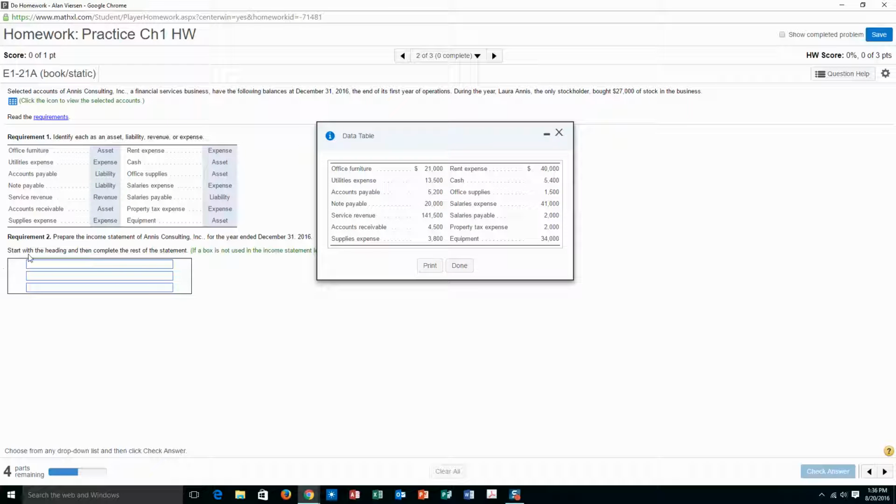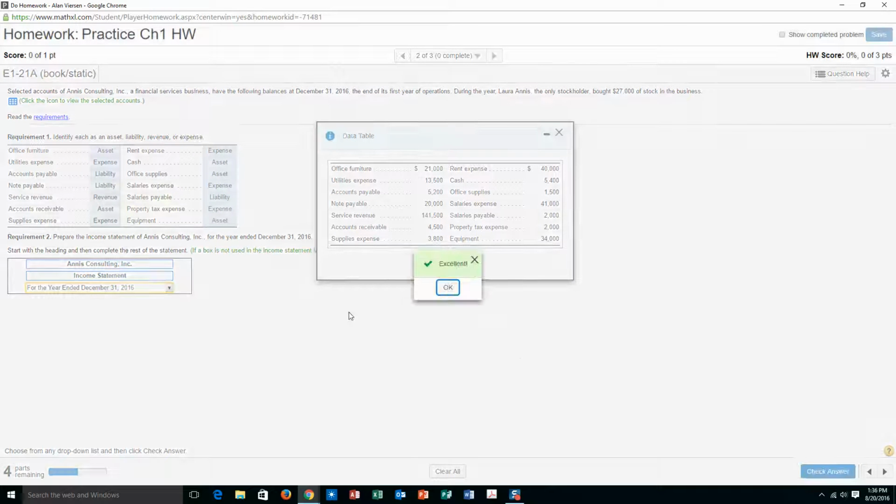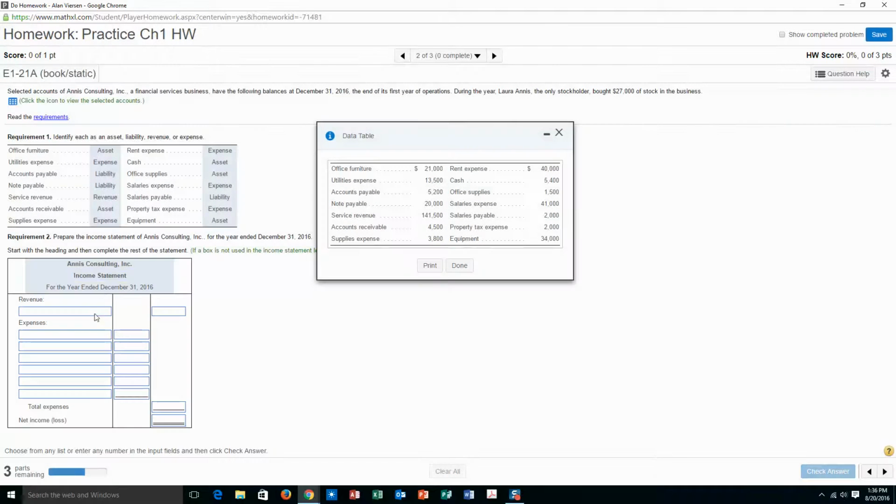Now, second, it says that we're going to create an income statement. And an income statement starts with the name of the company. So this is the Annis Consulting Incorporated. It's an income statement, and income statements are for a year ended. Okay, they're not on a specific date like you have for a balance sheet, but are for the year ended or for a period of time.